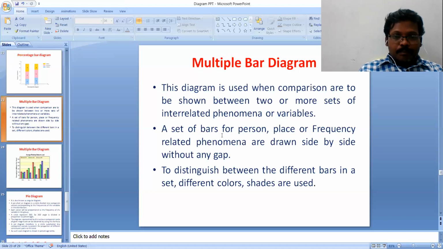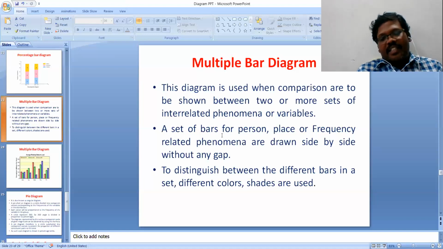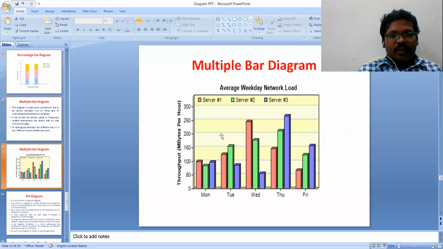To distinguish between the different bars in the set, different colored shades are used for easy understanding. Suppose, like this, the average weekly network load in server 1, server 2, server 3.